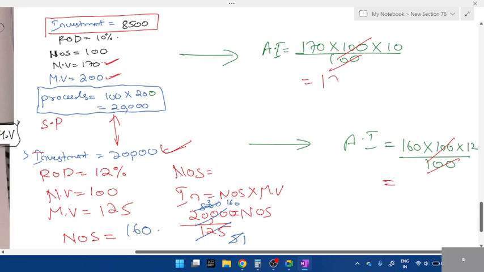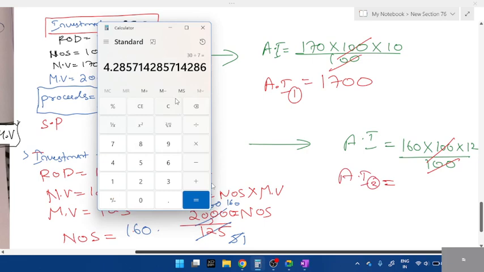What do you all get? 1000. That is the annual income for the first company. I'll write AI1. Annual income for the second company, 160.